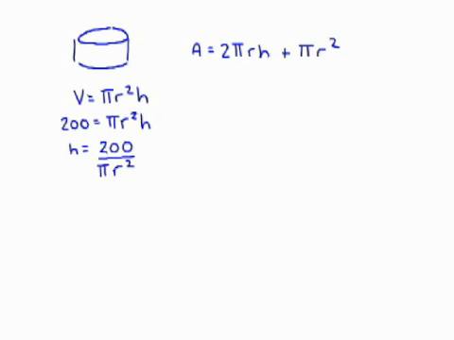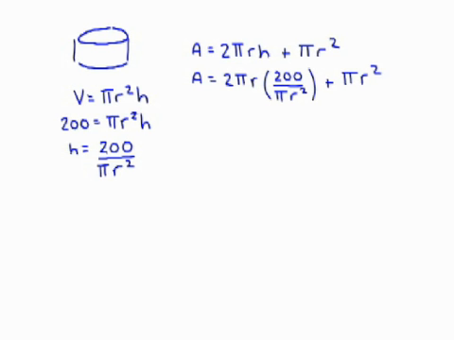I can now take this expression for h and substitute it into our surface area formula. So surface area, A, is going to be equal to 2 pi r times 200 divided by pi r squared, and then added to that is pi r squared. Well, now I'm just going to simplify that expression.